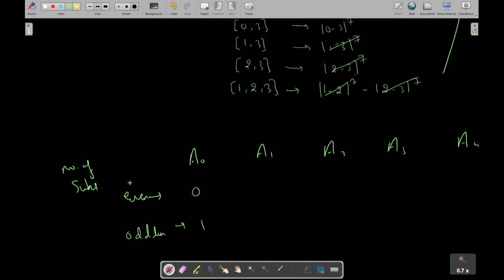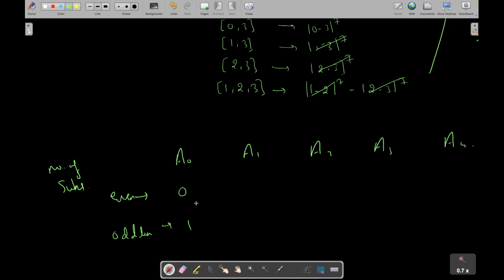If we count the number of subsequences ending at a0 with even length, it is 0, and for odd length it is 1.